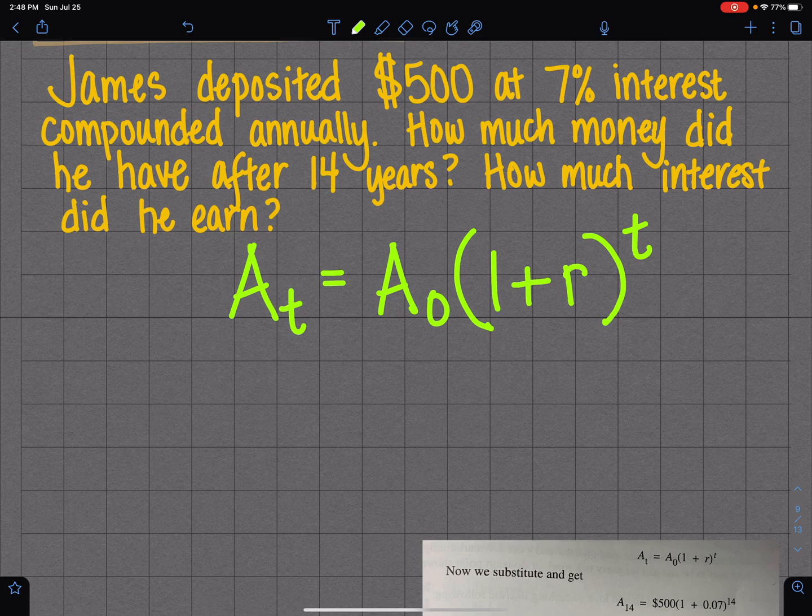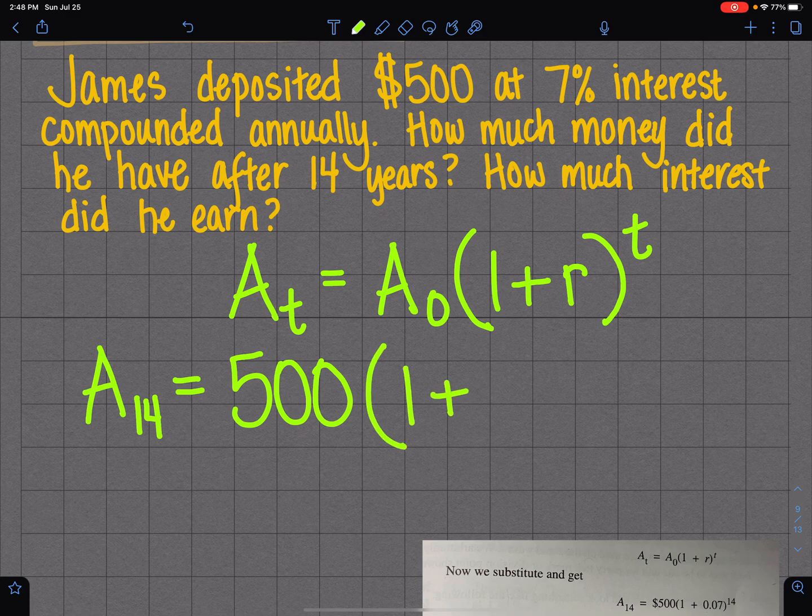Okay? Now, we just plug in what we know. The amount that he's going to have after 14 years is going to be the original amount, $500, times 1 plus 7%. 7% is going to be 0.07.